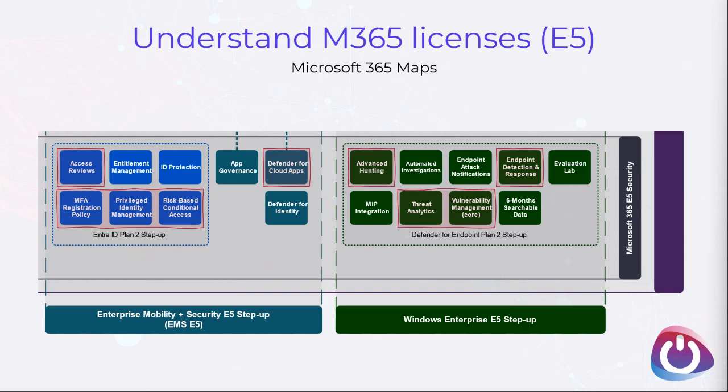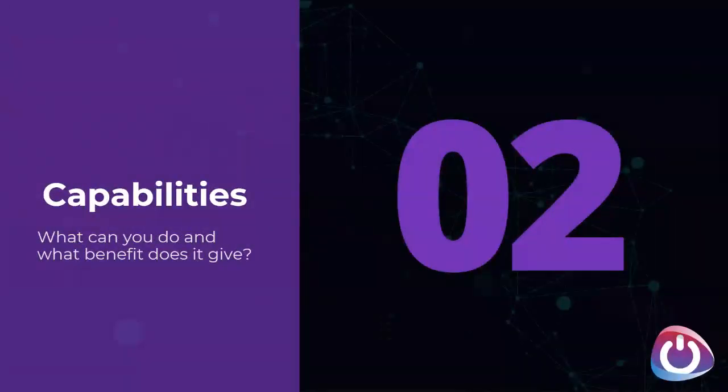But the threat and analytics and vulnerability management side are really useful to start to get even more insight into your estate, what you need to do and what can be done. So let's start picking some of these apart.